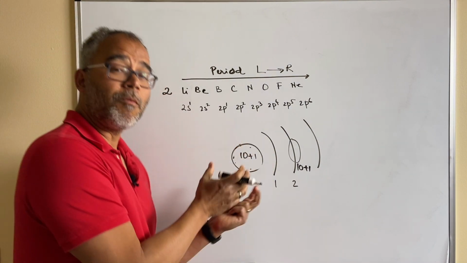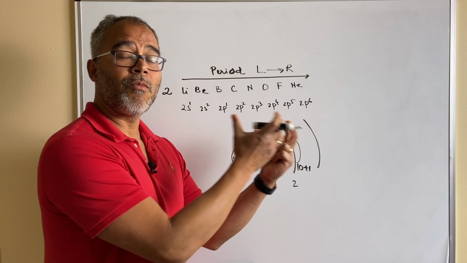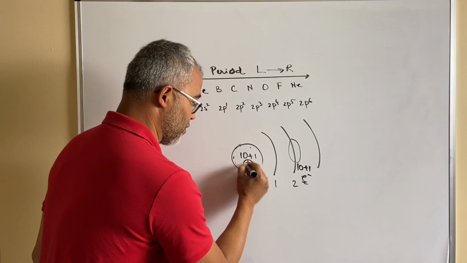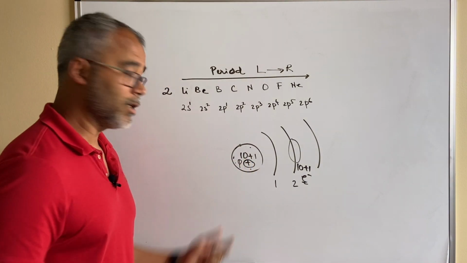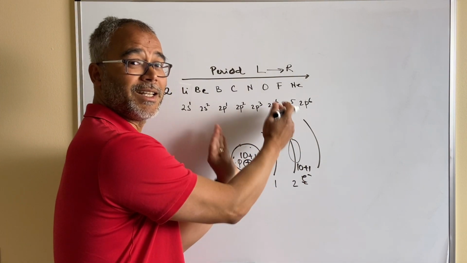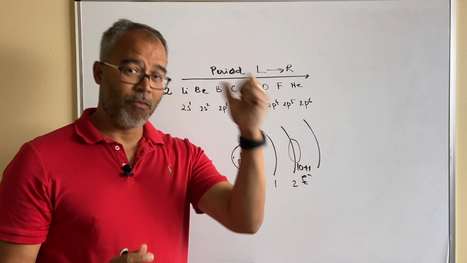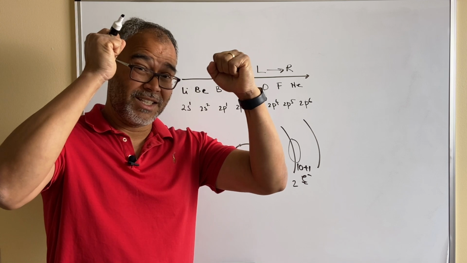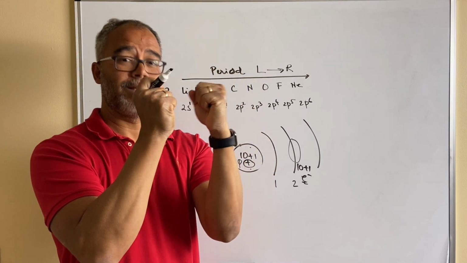So now you have more positive charges attracting more negative charges. These are all the negatives, and these are all the positives from the protons. With more positive charges and more negative charges and the distance not really changing, you have stronger attraction, which effectively shrinks the atom.